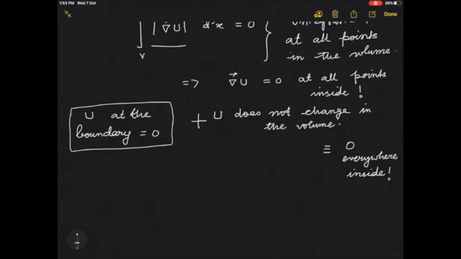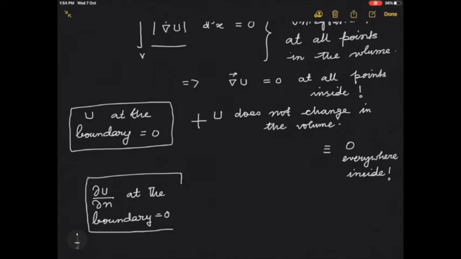But that is the case where u is known to be 0 at the boundary. If I know that del u del n is 0 at the boundary, that tells you that u doesn't change at the boundary and u also doesn't change anywhere in between. So u is constant.